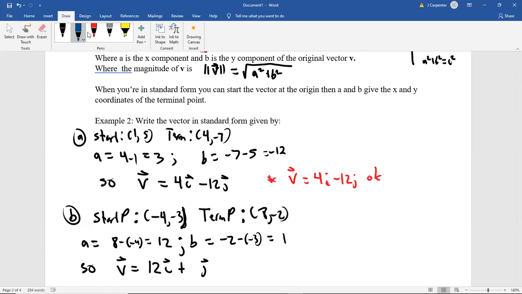So we don't really need to write this 1. It's implied because it's in front of something else. So again, traditionally, we don't write that 1. It's not simplified with the 1 times something there. And again, if you just wrote that the vector is 12i plus j, that's okay as well, without the little arrows or the i's and j's being bolded.